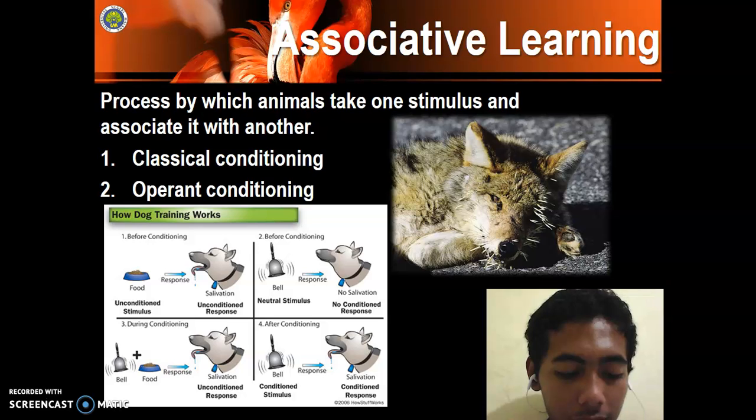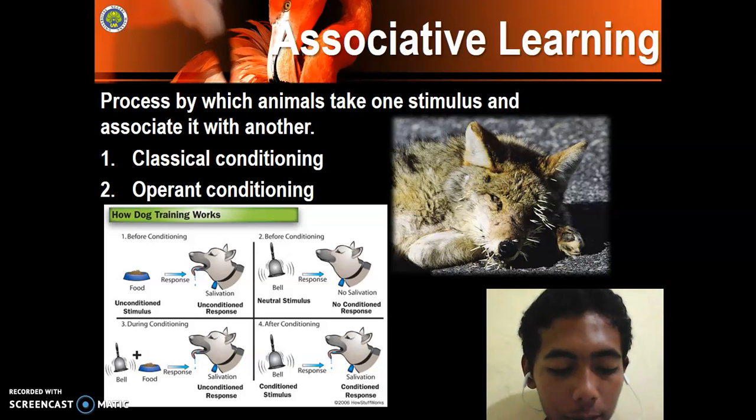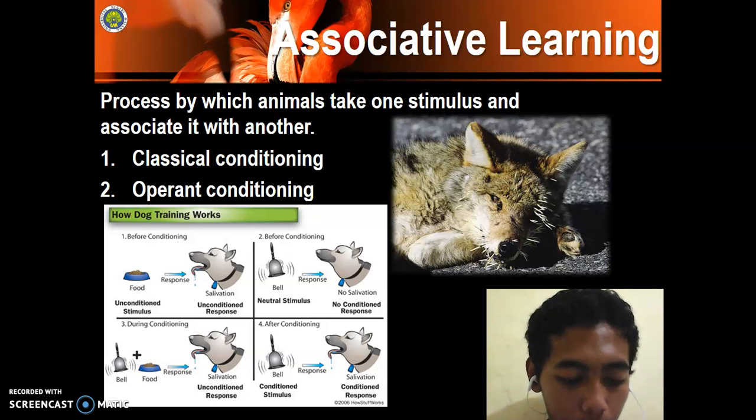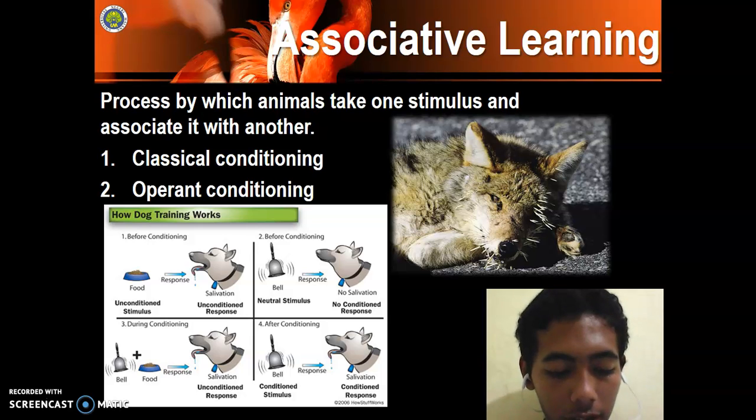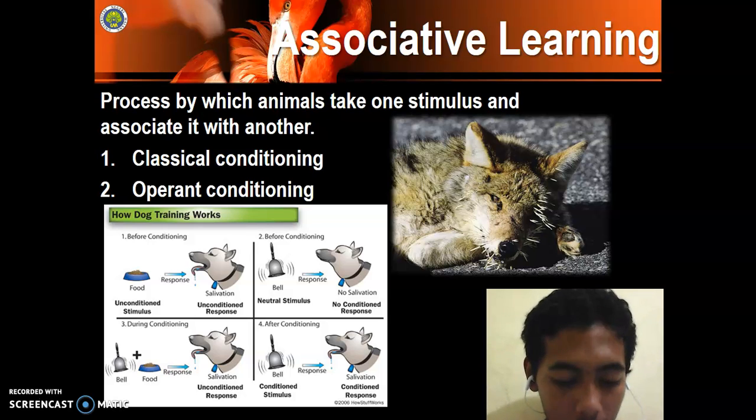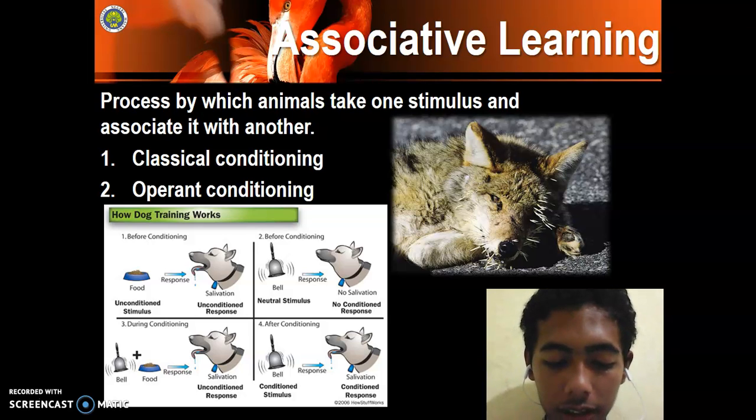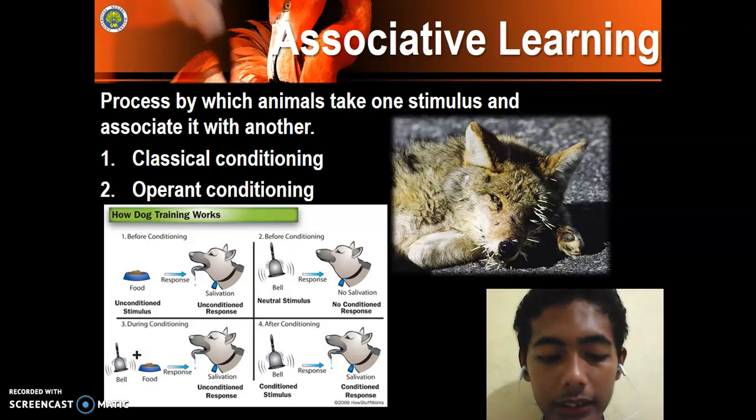Before conditioning, the unconditioned stimulus produces an unconditioned response, or salivation. A neutral stimulus, the bell, does not have an effect.